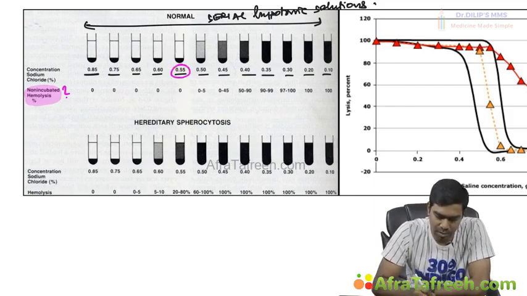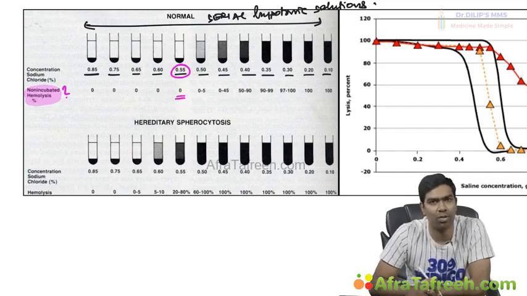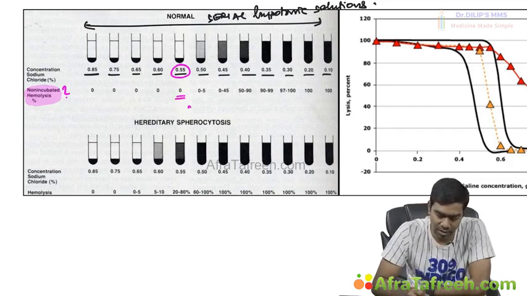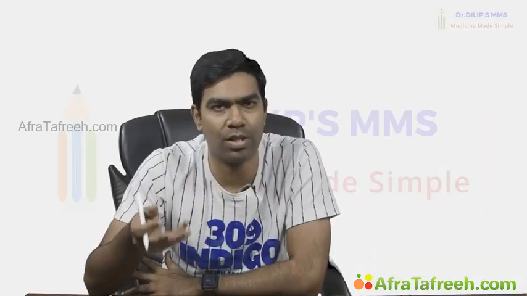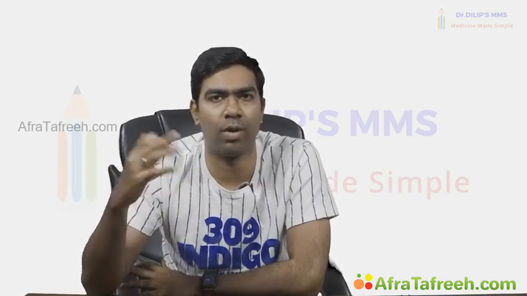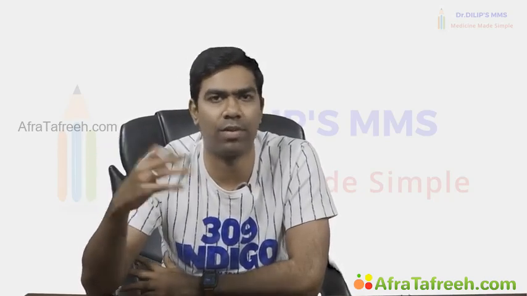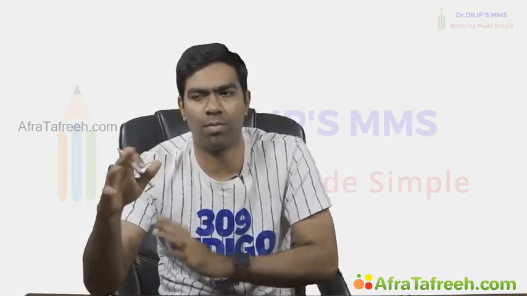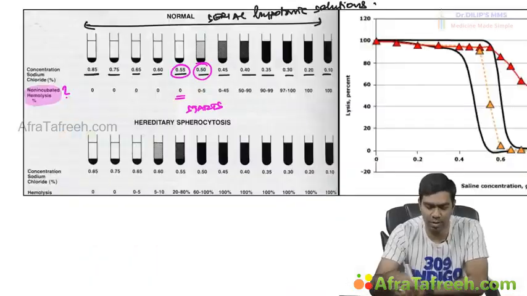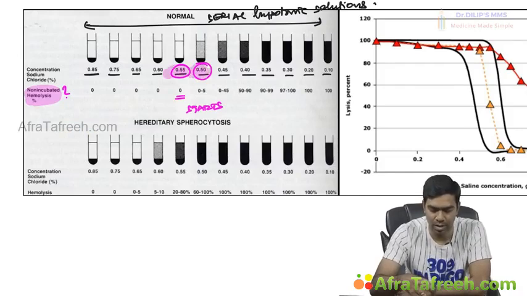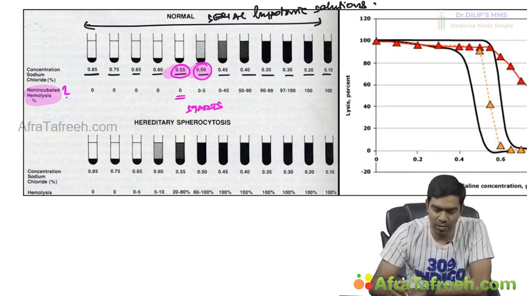Usually till the 0.55 mark, your hemolysis is actually 0%. You didn't get even a hemolysis. Actually, it starts around 0.5%. That is usually the normal thing. Hemolysis in normal RBC starts around 0.5 to 0.55%, or some books will tell you 0.5 to 0.6, but somewhere around there is where hemolysis should start. Then hemolysis will usually be complete by around 0.3 to 0.33%.